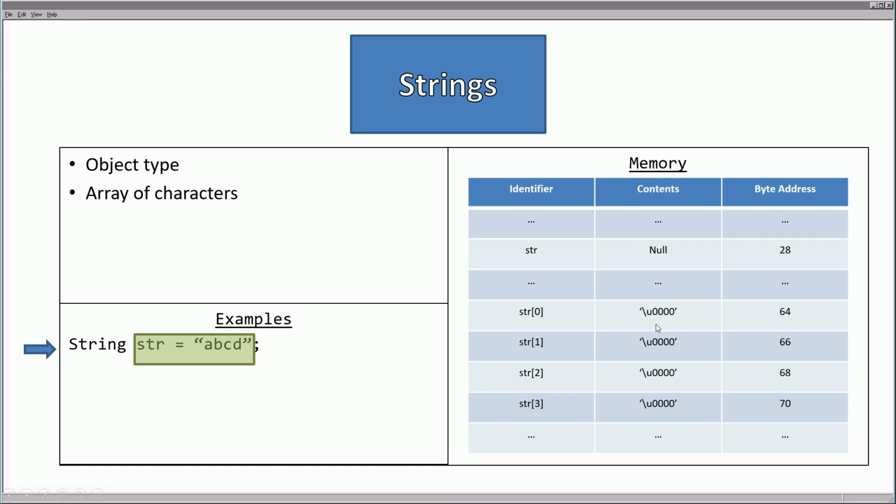String's default value is this string version of null, but once we assign each of these individually, it becomes ABCD. However, the identifier still says null, because the last step after we have created that instance of a string is that we assign str the value of the byte address. The way you could think about this is str simply points to the contents of the string somewhere in memory.